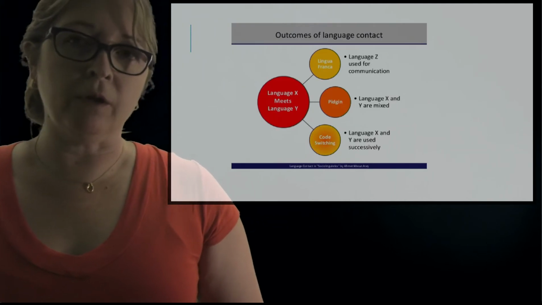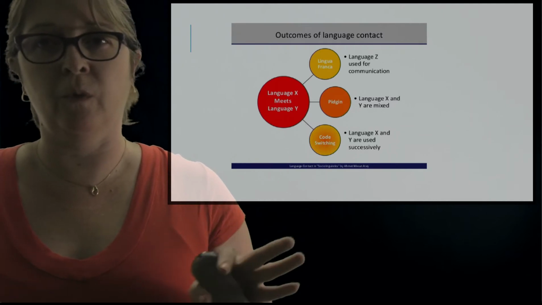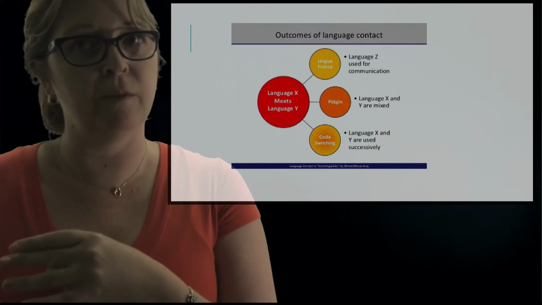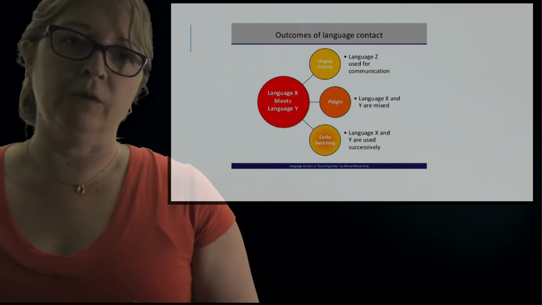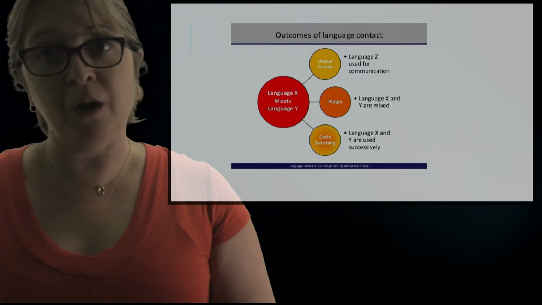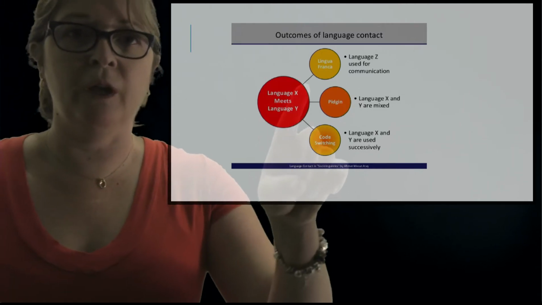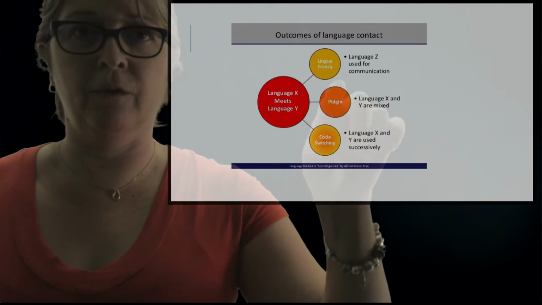So what are the outcomes of language contact? This is just a different way to talk about it, so that if that way didn't make so much sense, let's look at this. We have language X meets language Y. The outcomes would be here on the right.